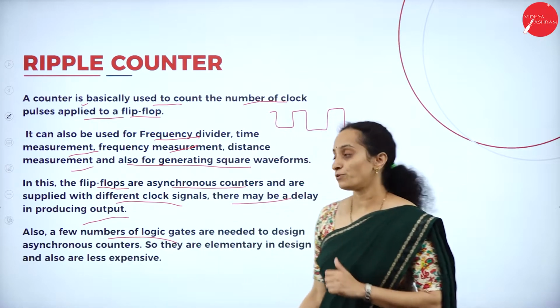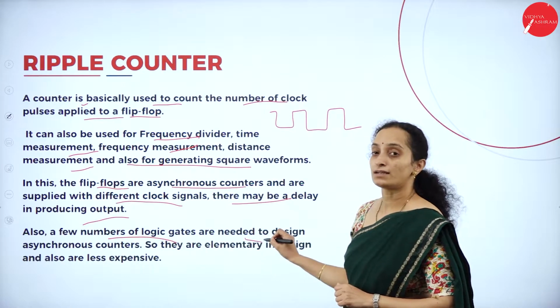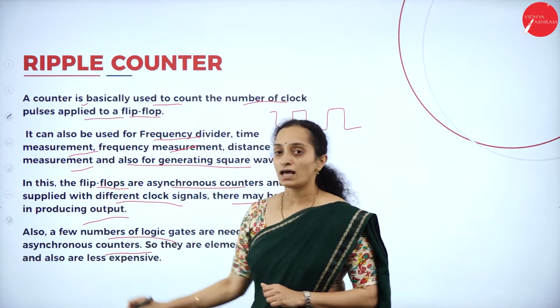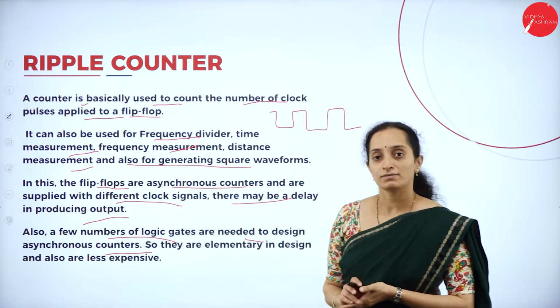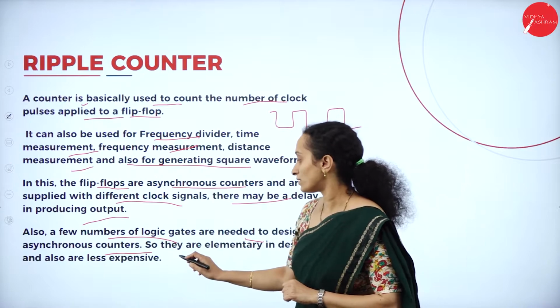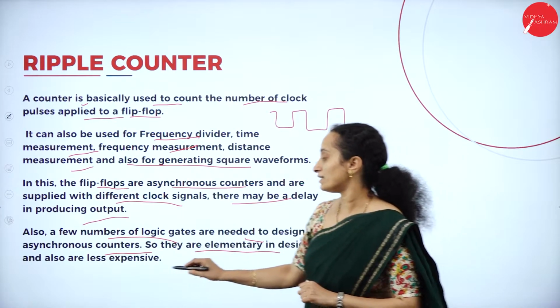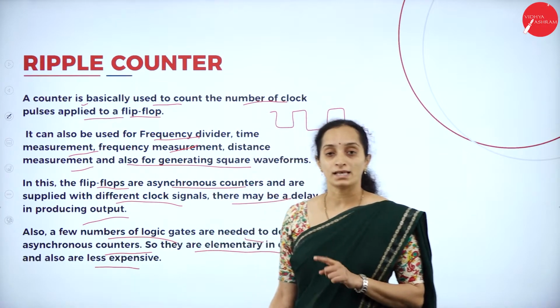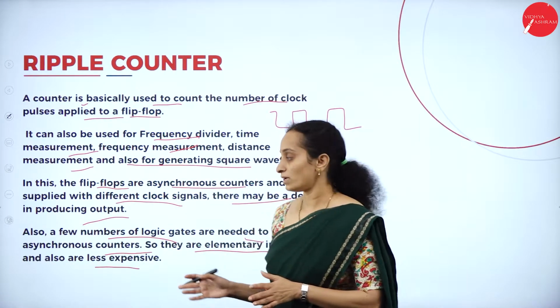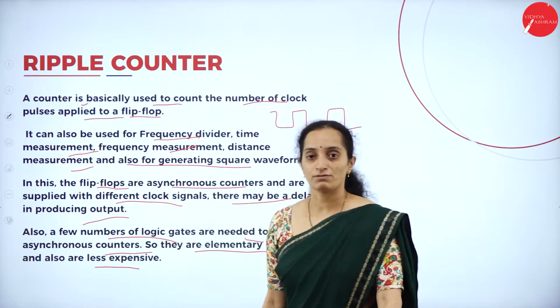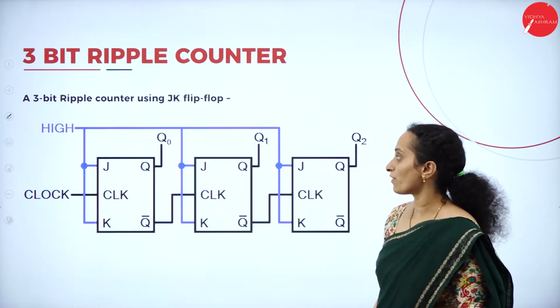Only a few logic gates are needed to design the asynchronous counters, which are not in sync. So they are elementary in design and also less expensive. This ripple counter is an asynchronous counter, which is less expensive when compared to the synchronous type of counter.